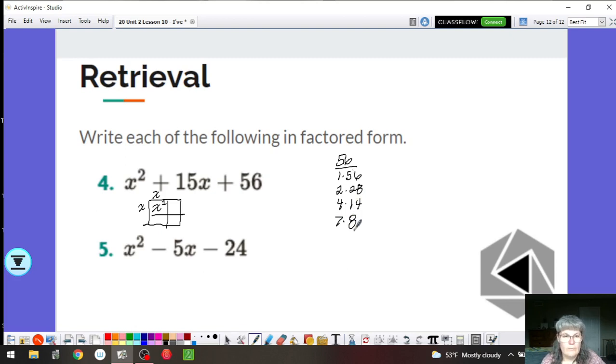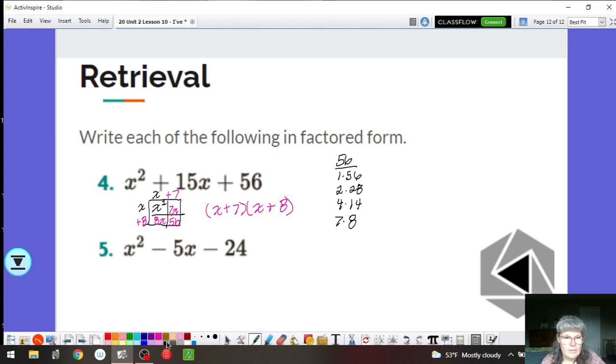Well, the only one of those that will combine to give us 15 is the 7 and the 8, if they're both positive. So we have x plus 7 times x plus 8.